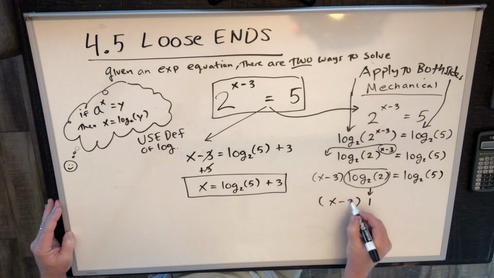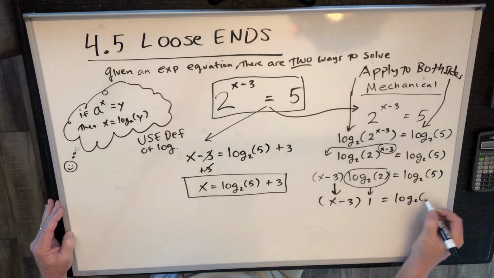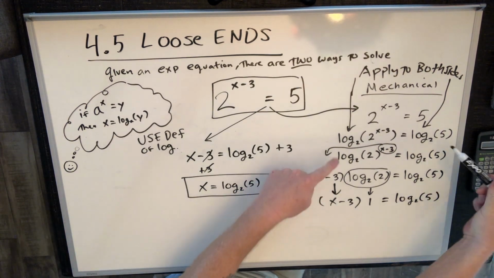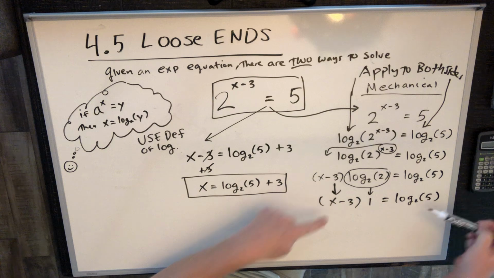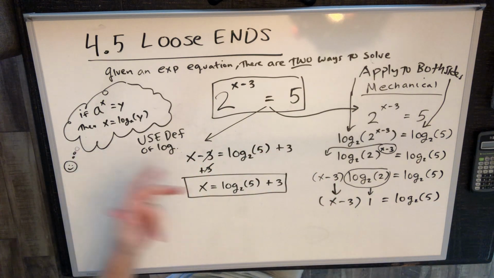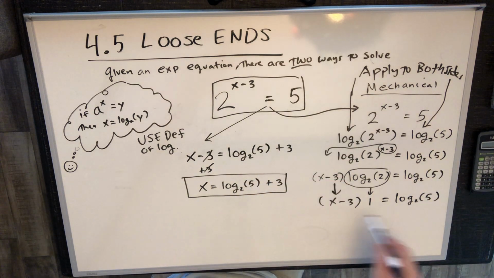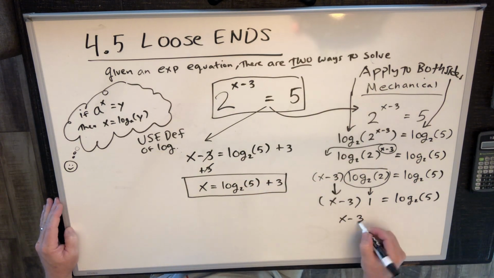So now you have x minus 3 times 1. And so doing it the mechanical way, look how many steps you have before you get to the step that we were able to get in one step using the definition. We got in 1, 2, 3, maybe 3.5 or 4 steps to get to this point here.